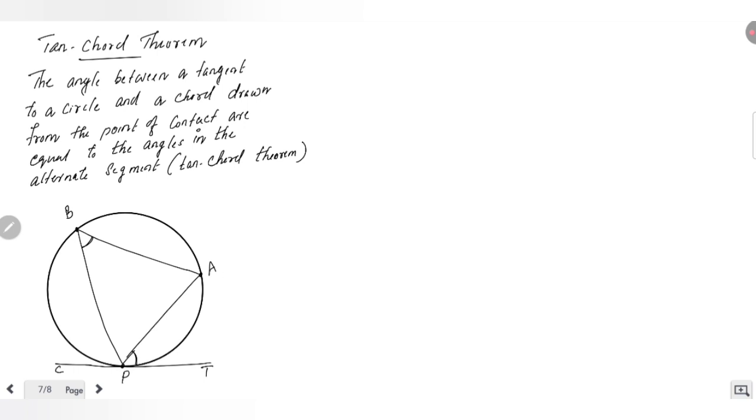So here, what are the given items? Under the given part is the tangent PT, and the chord AP is also there, and the angle B is also given.